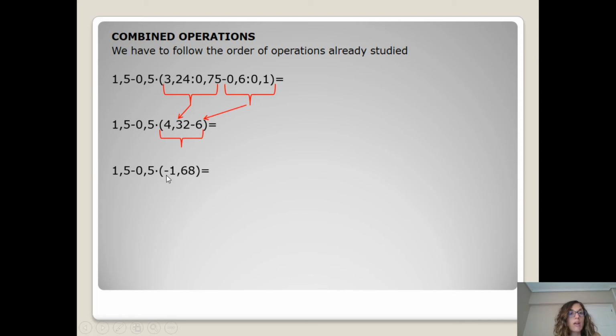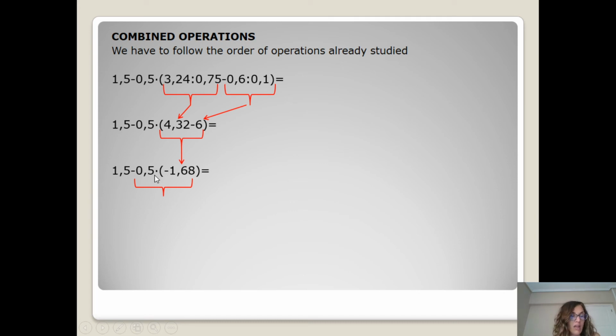Okay? Then let's continue. Now we have here a subtraction and a multiplication. So next thing we have to do is that of the multiplication. We can take into account that we have here a negative number, minus 0.5, or we can think that here we have a subtraction and that 0.5 is positive.